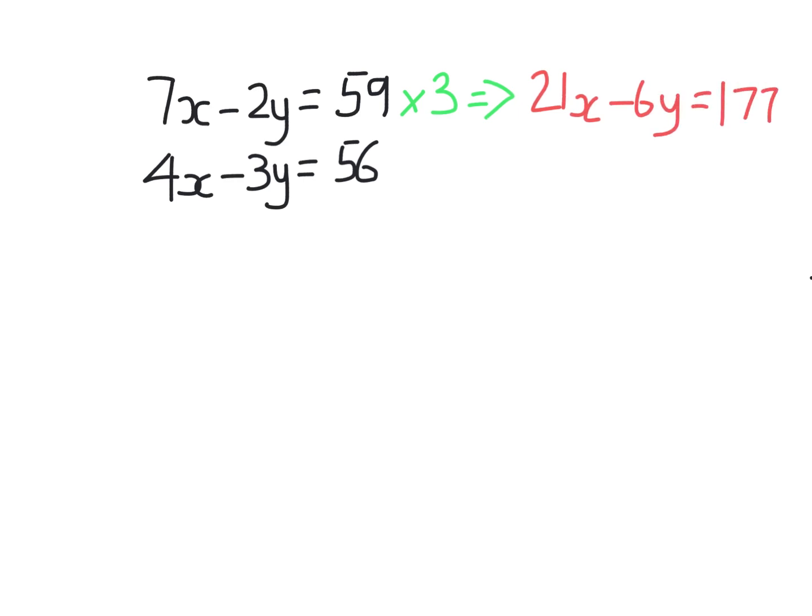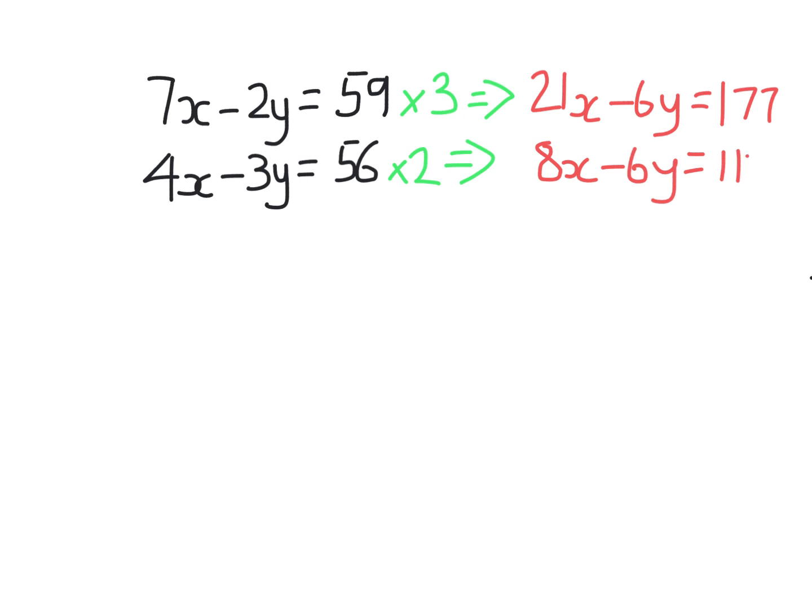Now, if I multiply this bottom equation by 2, I will be able to eliminate the y's. The reason is negative 2 times 3 is negative 6, and negative 3 times 2 is negative 6. See, I'm multiplying them in such a way that the y's will have the same coefficient. So I have to multiply everything in the second equation by 2.